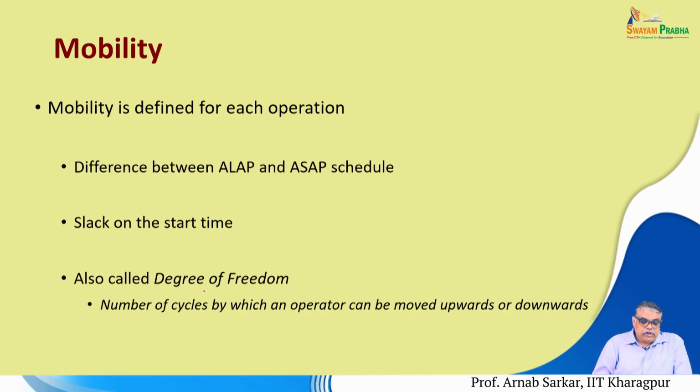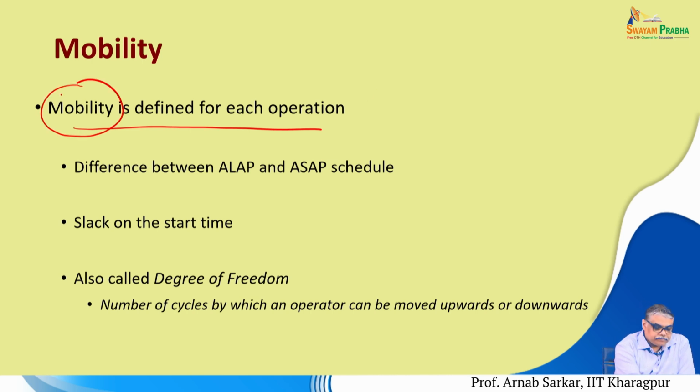One important parameter for each operation that we can obtain from the ASAP and ALAP schedules is called mobility. Mobility is defined as the difference in time between the ALAP and ASAP schedules.